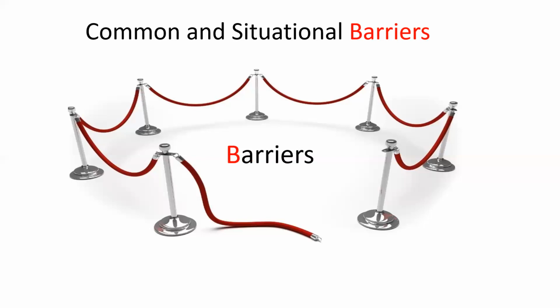And then finally, under common situational barriers that we need to be aware of, is the actual barriers. So when I talk about barriers, I'm talking about the circumstances that have a negative impact on our learners' ability to engage.